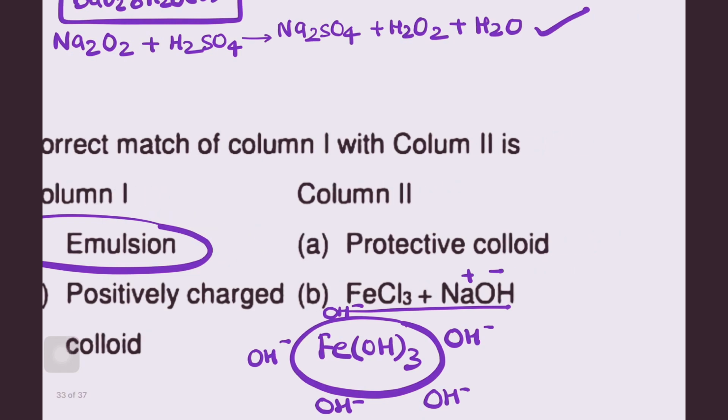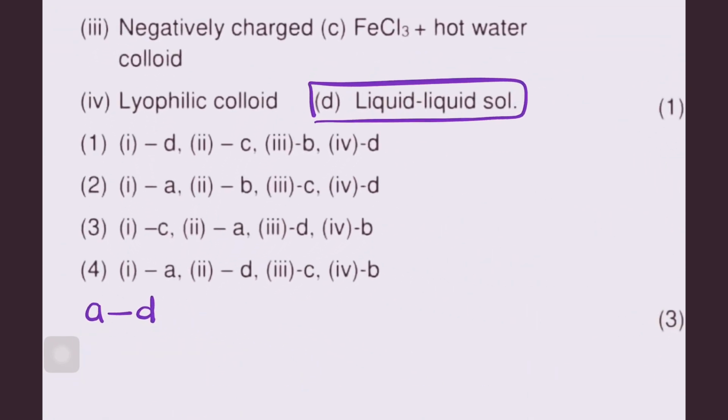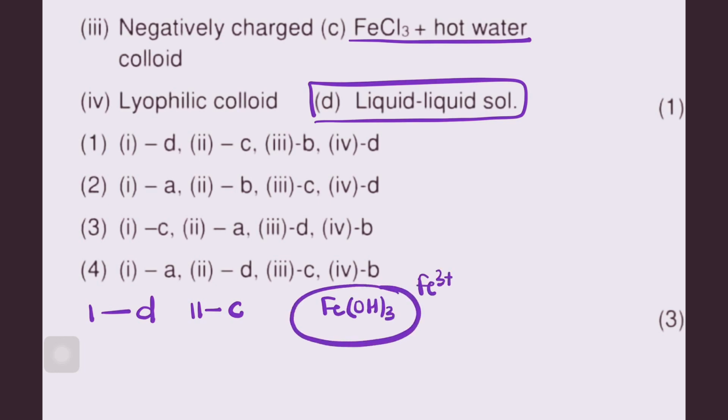So let's see the positively charged colloid here. Yes, it should be FeCl3 and hot water. So 2 will be matching with C, and this first one is matching with D, because FeCl3 with water will give you Fe(OH)3, and then the iron 3 plus ion will get adsorbed. So that will be a positively charged colloid.